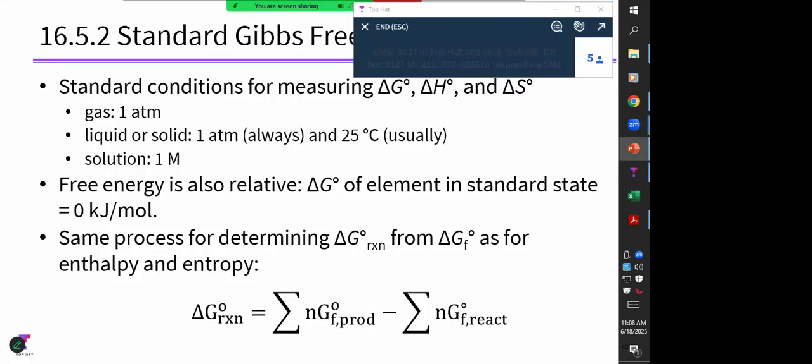But the calculation here, products minus reactants, would still apply, just like it did for delta H values using heats of formation back in thermochemistry in Chem 105, just like it did yesterday when we were doing delta S of reaction calculations using standard molar entropies from those thermodynamic tables as well.